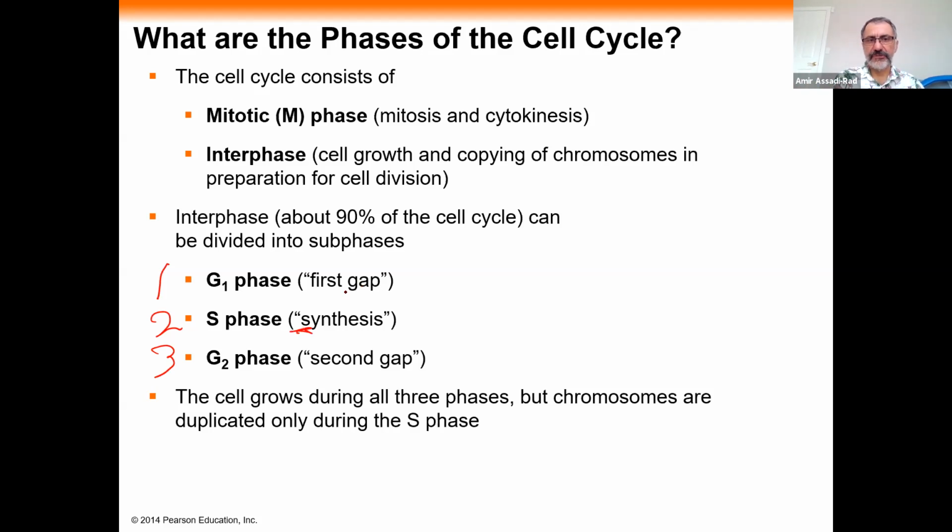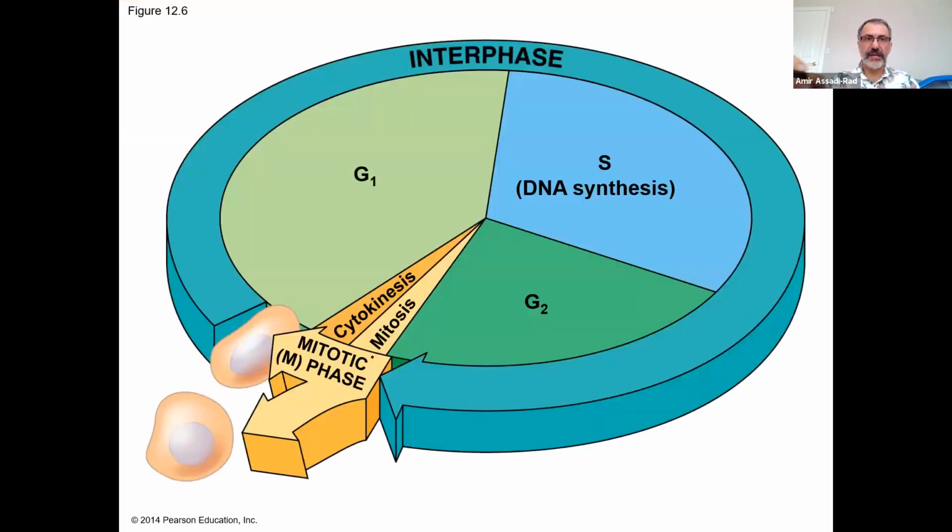G1 is the first gap and G2 is the second gap, which I will talk about each of them in a minute. The cell grows during these three phases, but chromosomes duplicate during the S phase. Right here, if you imagine this is a clock, 24 hours, 12 hours, whatever you like, only a small portion is where chromosomes and cytoplasm divide.